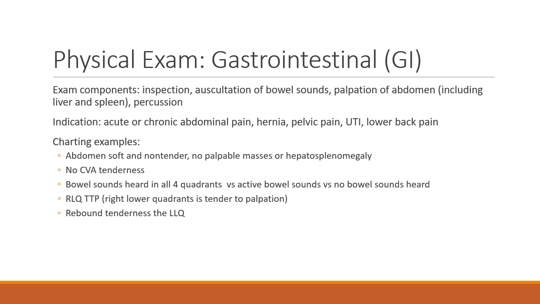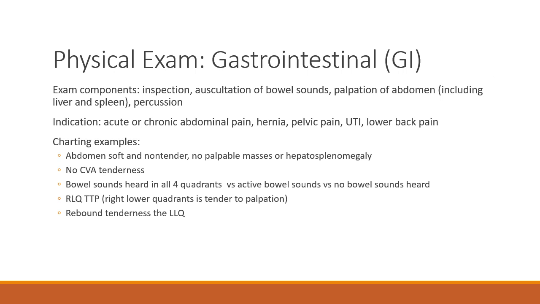rooms for you. Typical responses include the abdomen is soft and non-tender, no palpable masses, or hepatosplenomegaly. That is a typical normal exam. No CVA tenderness, which is referring to the costovertebral angle tenderness, which looks for a kidney pathology.